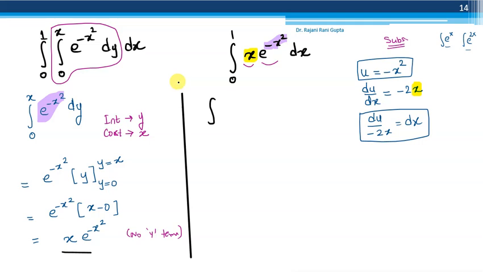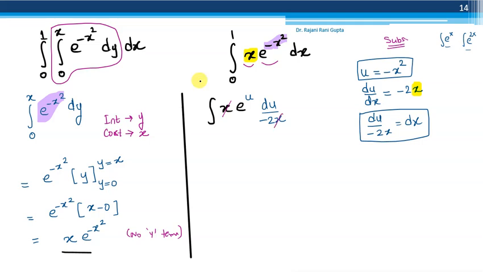So what we are doing, x is same, e, in place of minus x squared we are using u, in place of dx we can substitute du over minus 2x. What can we cancel? X and x.